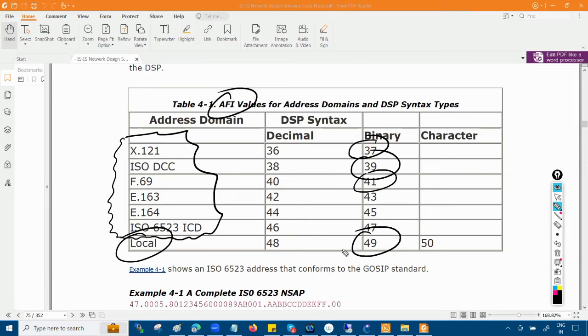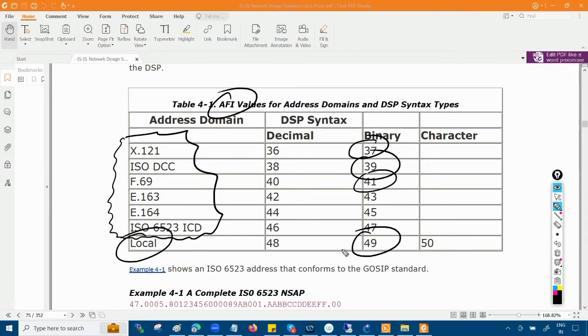Personally, I have gone through almost 30 plus production networks, like service provider networks, in my career, and I've seen that everyone is using 49. Even if I talk about the CCIE lab exam, 49 is coming everywhere. So 49 is the recommendation for local use.